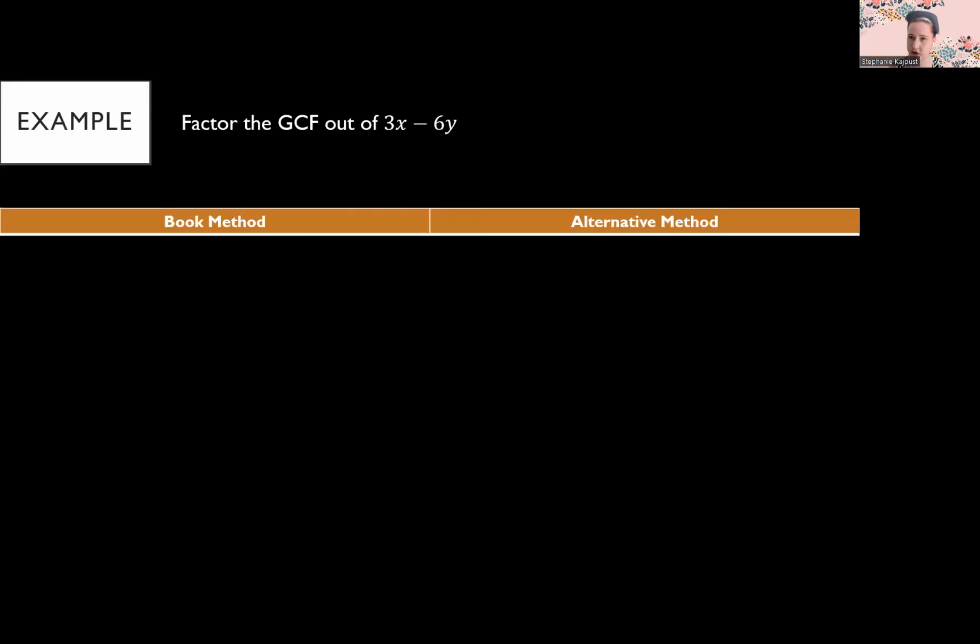So I'm going to start with a couple examples showing how these methods work and how they basically mean the same thing. We have 3x minus 6y. You're trying to find the greatest common factor of 3x and 6y. That first step is the same for either method.